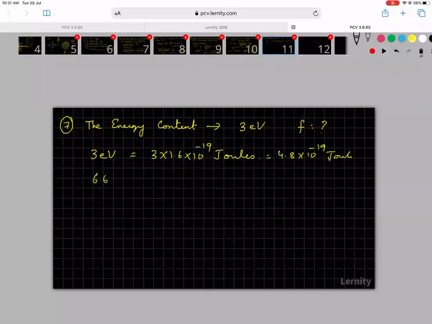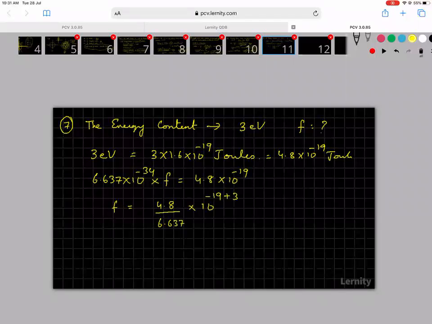Now 6.637 into 10 power minus 34 into frequency is equal to 4.8 into 10 power minus 19. So frequency is equal to 4.8 divided by 6.637 into 10 power minus 19 plus 34. You all will have to learn to divide and then find out.